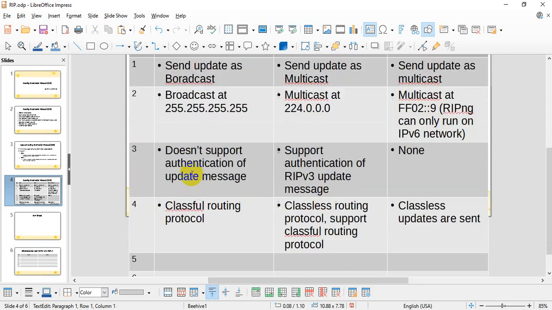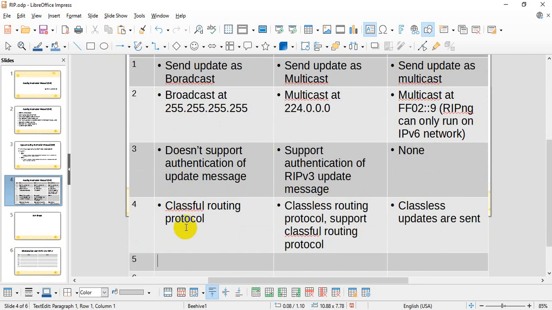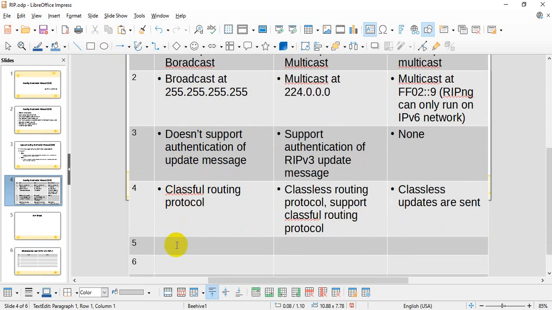And again, regarding authentication, we do not have any kind of authentication in RIP version 1, but in RIP version 2 we have authentication.